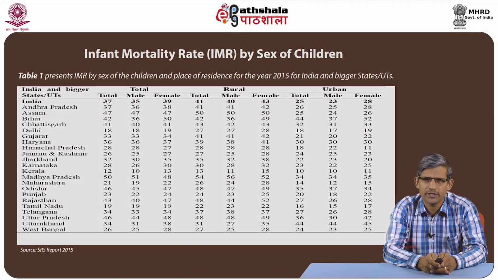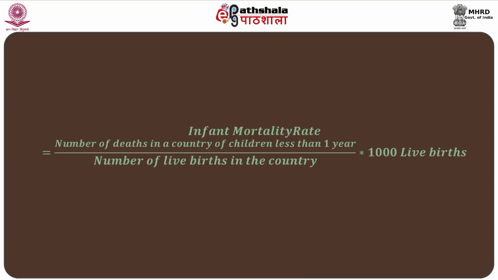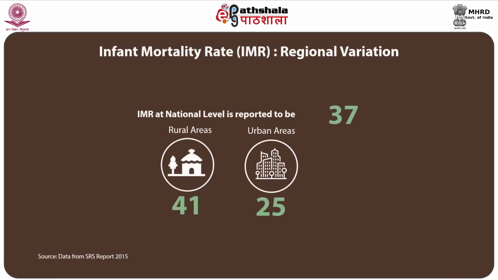So, as I already pointed out, infant mortality is defined as the number of deaths taking place in a country in less than 1 year of age divided by the number of live births taking place in that particular country, per 1000 live births. IMR at the national level is reported to be 37, and ranged from 41 in rural areas to 25 in urban areas in the country.